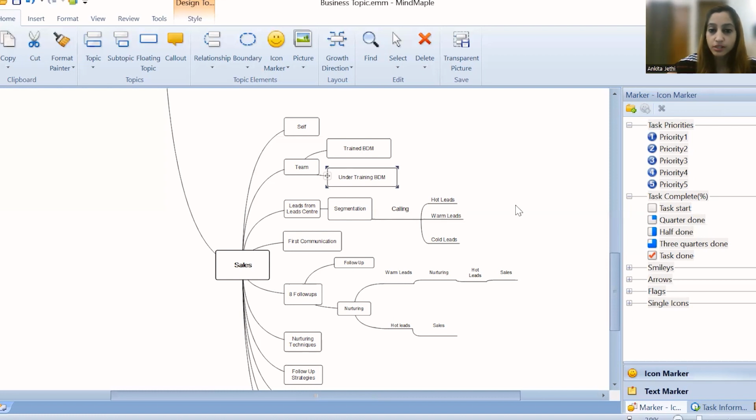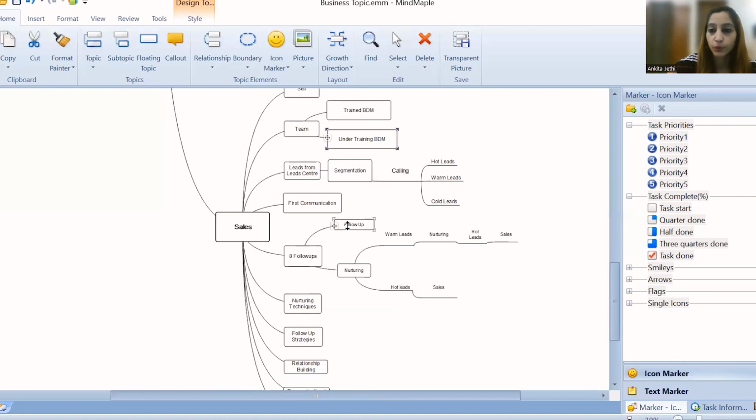Because if my first communication is not right with the lead, there are very few chances that people will listen to you. They need to listen to you, and then only you can take things forward. If you're pitching like those credit card executives or those loan department executives, nobody is going to listen to you. So for calling, you need to be very good at first communication, and it is very, very important.